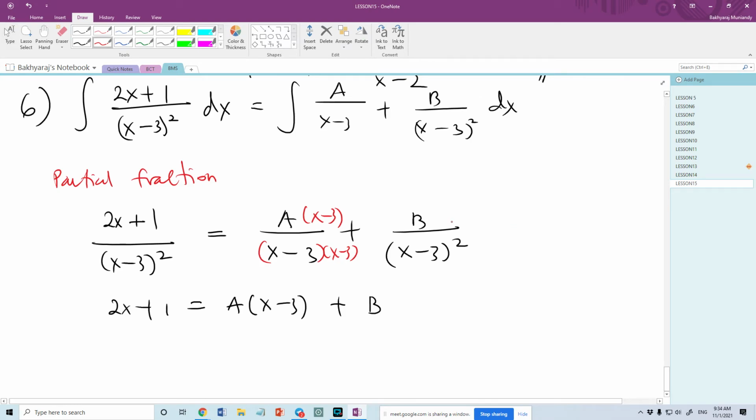Now I can go for the substitution. So what is the suitable value I can put? x equal, yeah, of course we can put 3. Thank you. So we can put in 3.